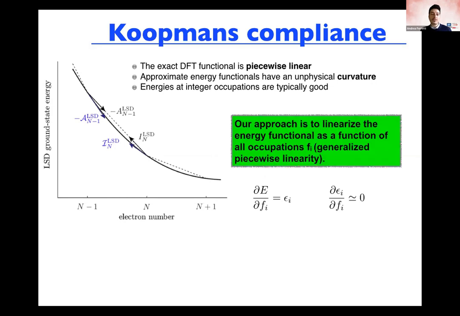So in our approach, we would like to linearize the total energy as a function of all occupations f_i. This is not strictly required, but it is sufficient in a sense to restore piecewise linearity, as I'll show in a second. And also by the end of this talk, you'll see that this is also able to convey more physical quantities.